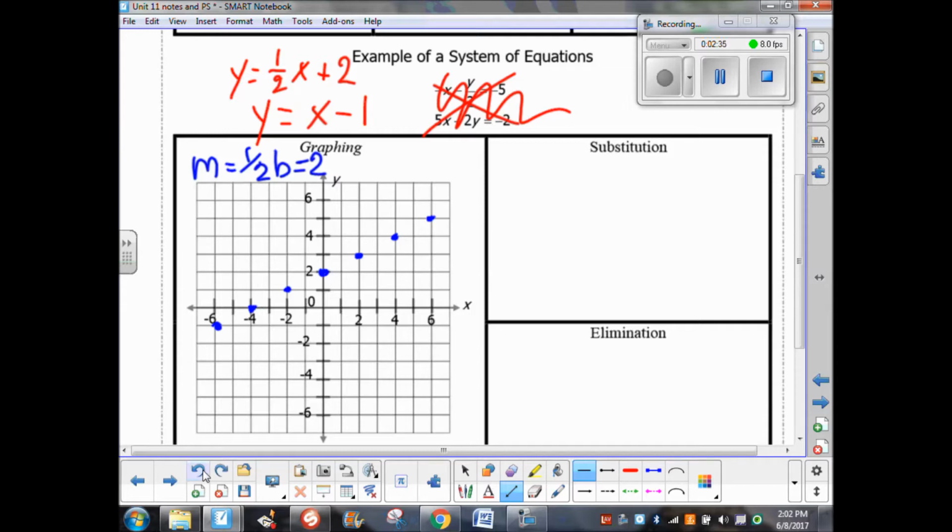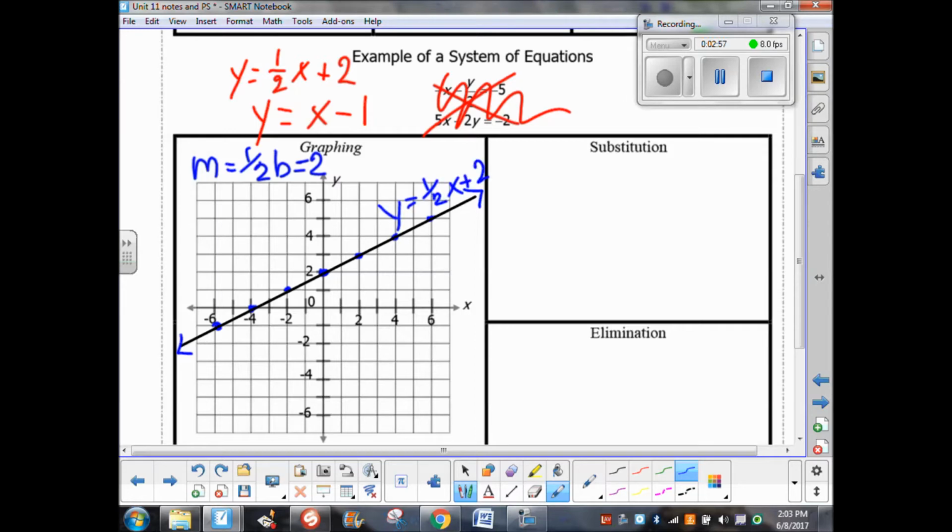It's always good to continue the line. And then let's label it.